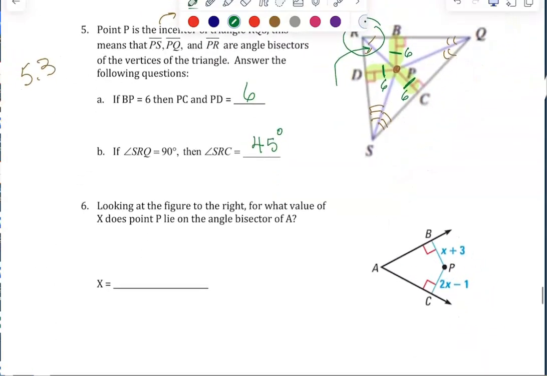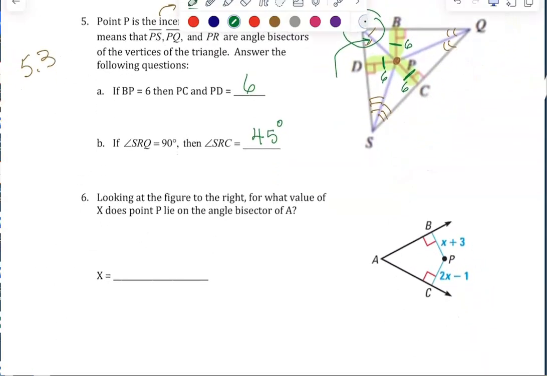Okay, so now we have another one. So question 5, we dealt with all 3 angle bisectors. Now, question 6, I'm looking at only one angle. And it says, looking at the figure to the right, for what value of x does point P lie on the angle bisector?